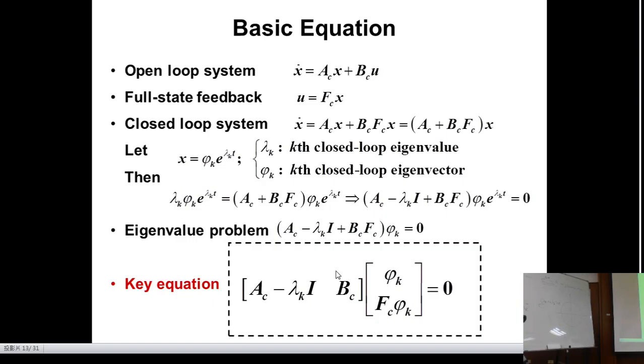You have more columns than rows. And if you have more columns than rows, and then I times this a vector. This is a vector. There's a matrix times a vector equal to 0. That means this vector is in the null space of that matrix.